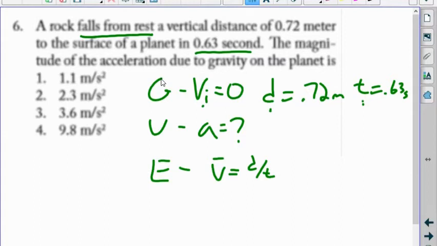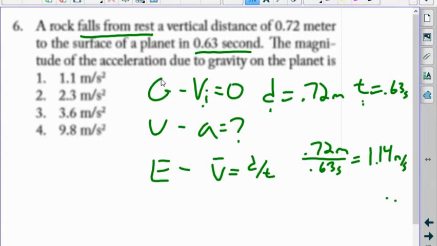So if I plug into this one a distance of 0.72 meters divided by 0.63 seconds, I'm going to come up with an average velocity of 1.14 meters per second.